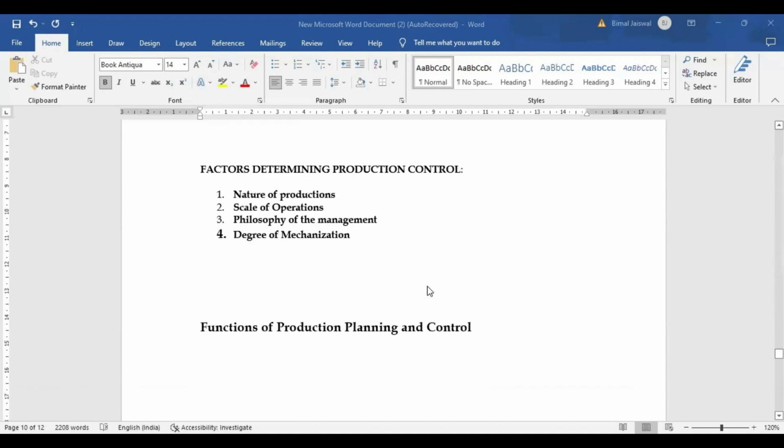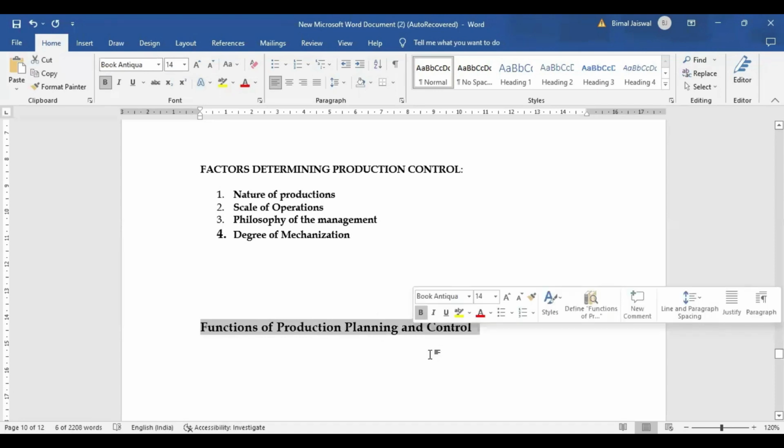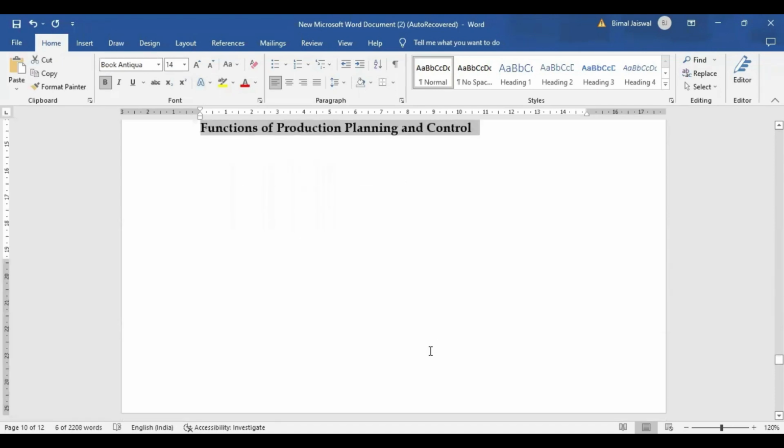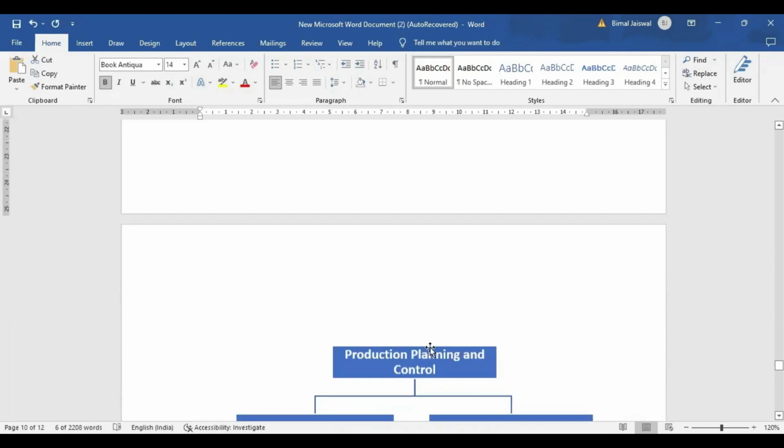Functions of production planning and control. Now we have taken a joint look at what the functions of production planning and production control are. I have tried to prepare a flow chart.